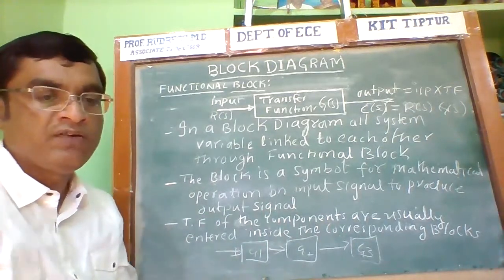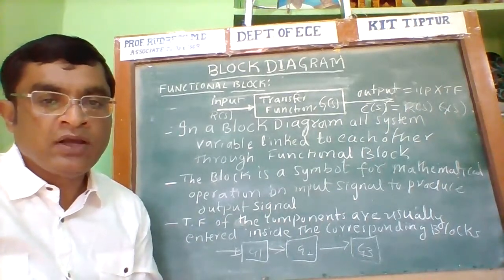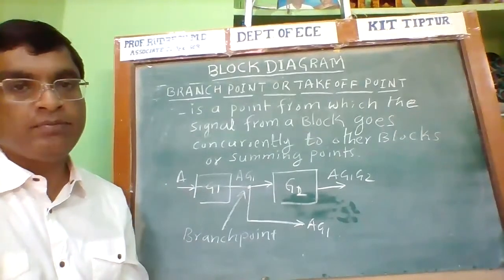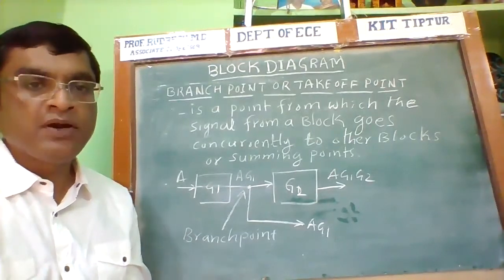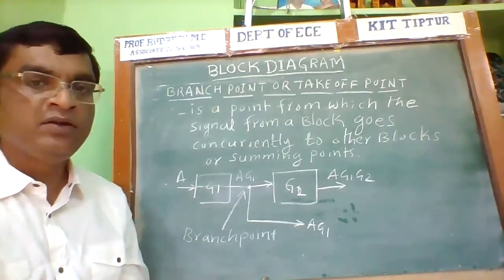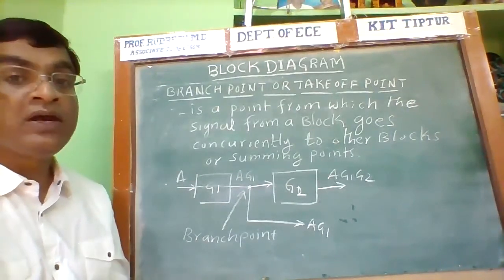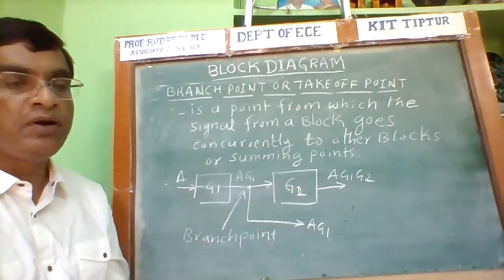The next element of the block diagram is the branch point or take-off point. The branch point is a point from which the signal from a block goes concurrently to other blocks or summing points.